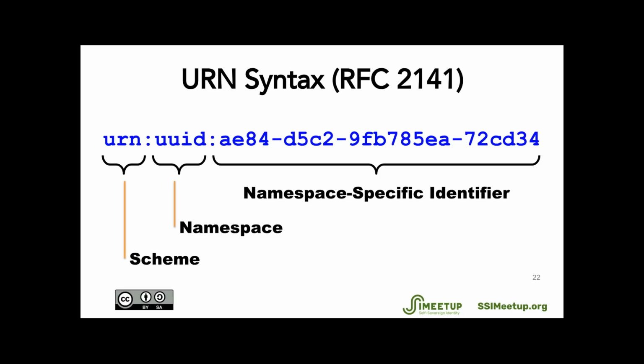URNs, Uniform Resource Names, are the standard for persistent identifiers on the internet, meaning identifiers that are assigned and never changed. If you think about it, your phone number, your email address, or a domain name, none of those are persistent identifiers. If you stop using your phone number, it's going to get reassigned to someone else. Same thing with an email address or a domain name.